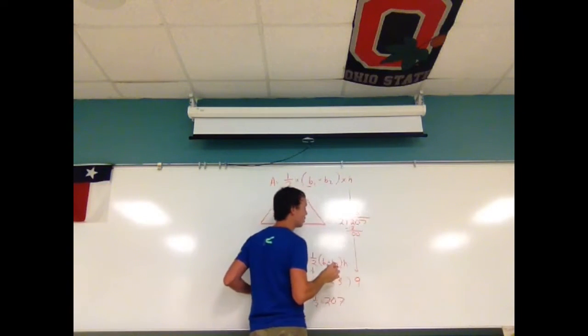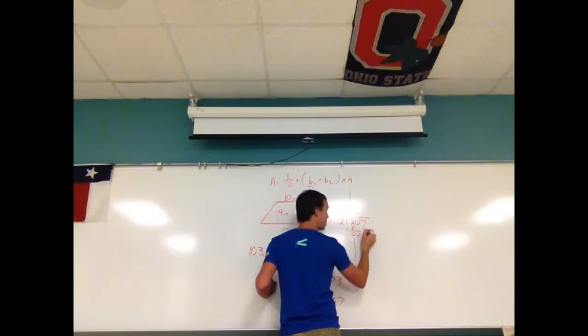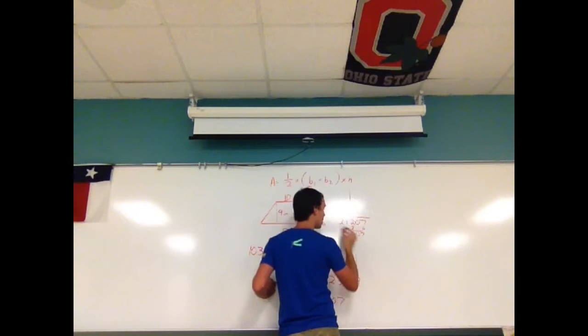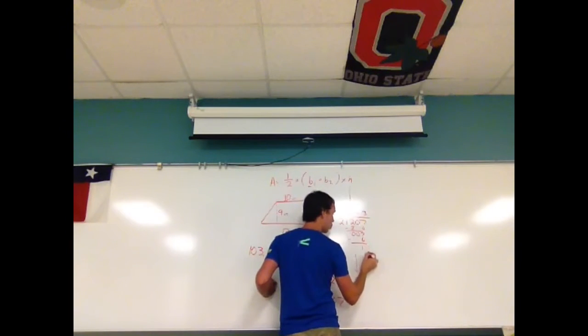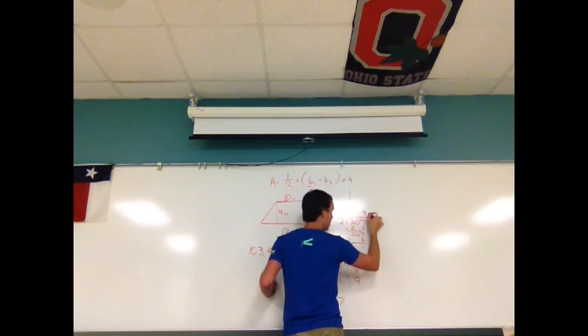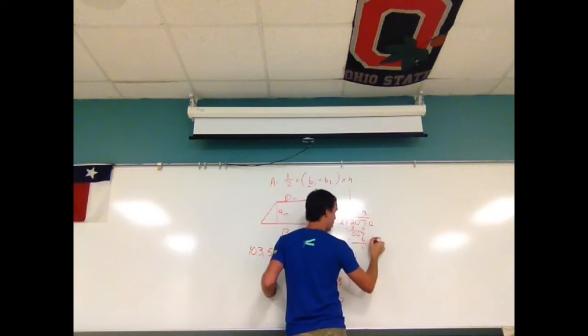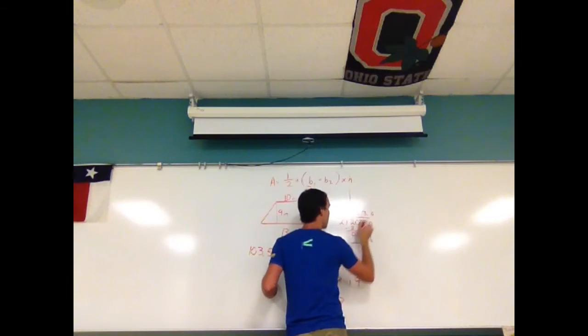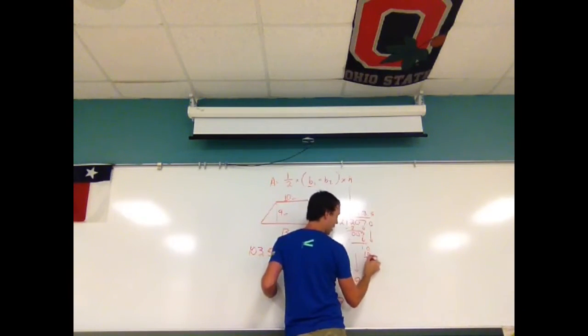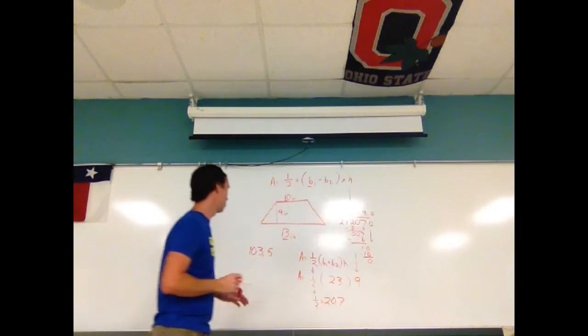I can't divide 2 into 0, so then I bring down my 7. 2 goes into 7 3 times, which gives me 6. 7 minus 6 is 1, okay? And then at that point, I'm adding my decimal, if you guys will remember. Bringing down this 0. All right, 2 goes into 10 5 times. And that gives me my answer, okay?